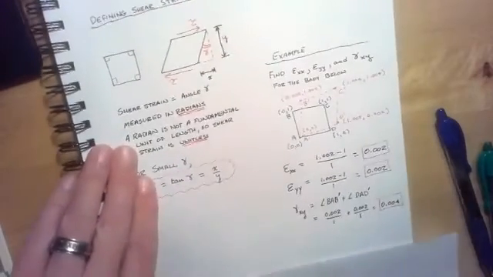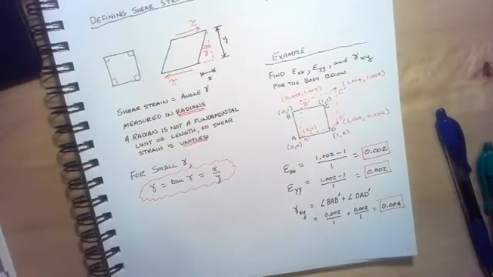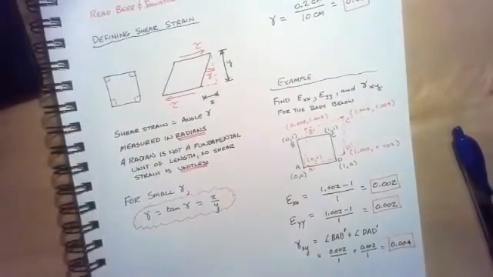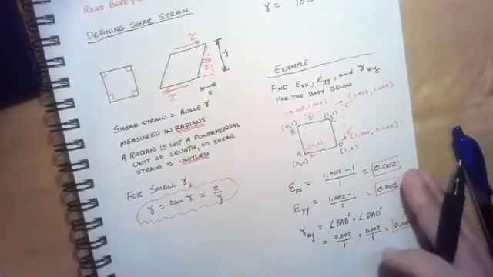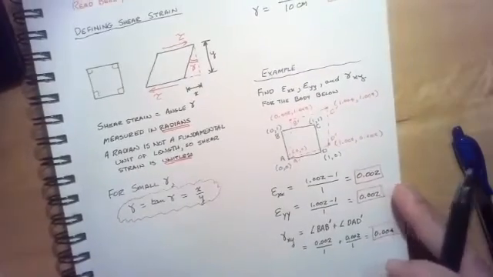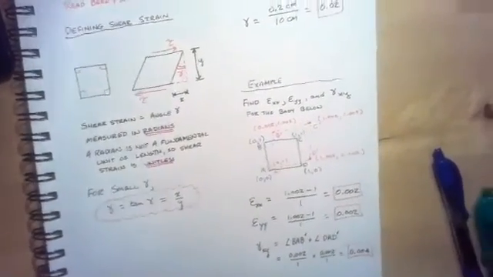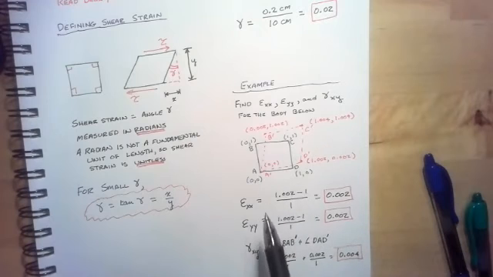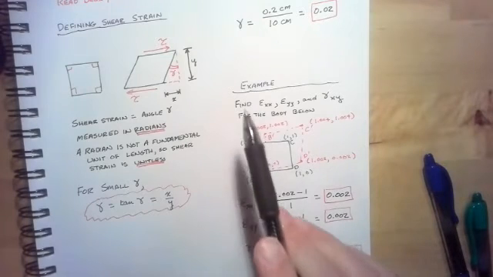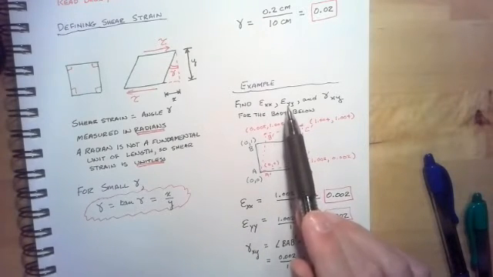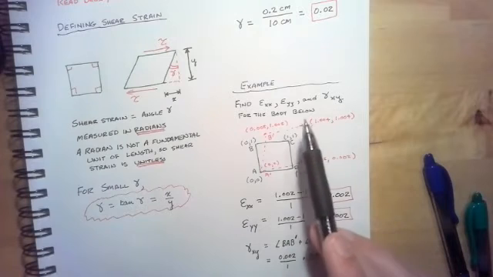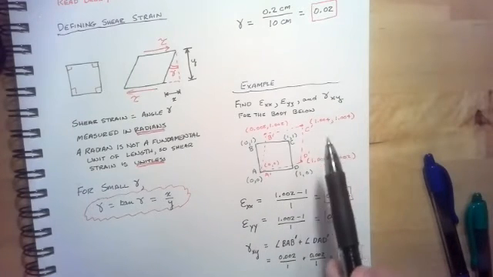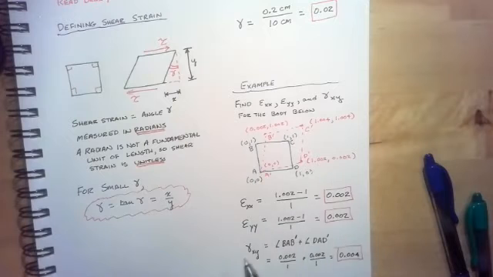Now we can talk about a more general problem. Let's consider the case of this rectangular shape, A, B, C, D. We want to find epsilon xx, epsilon yy, and gamma xy for the body below, gamma xy being the shear strain in the xy plane.